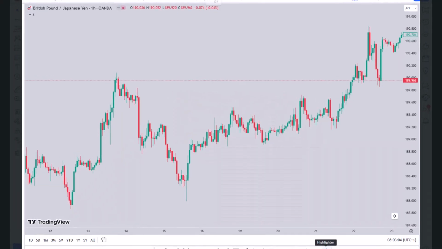Conversely, demand zones, as we said earlier on, are any turning point in the market where price formed support. Let's take a look at this turning point where price formed support. Now, how can you draw your demand zone with accuracy and precision?